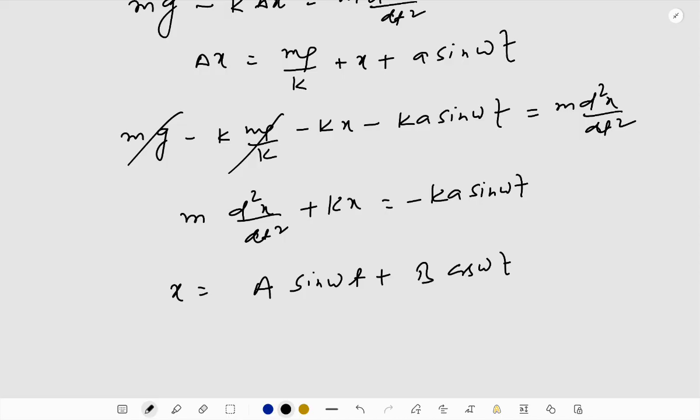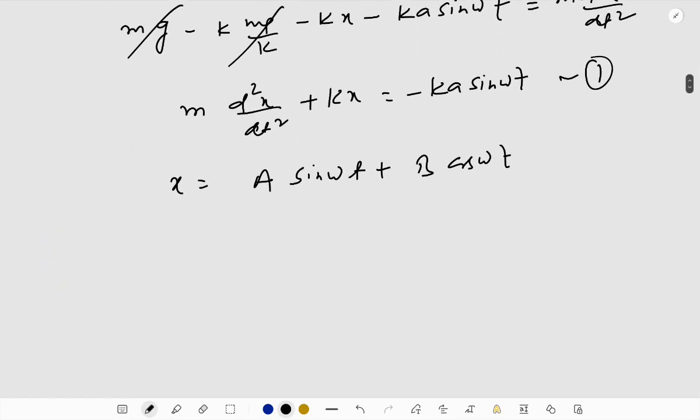And how? We are going to take the derivative twice and substitute it into this equation 1, and we will obtain the values of a and b.